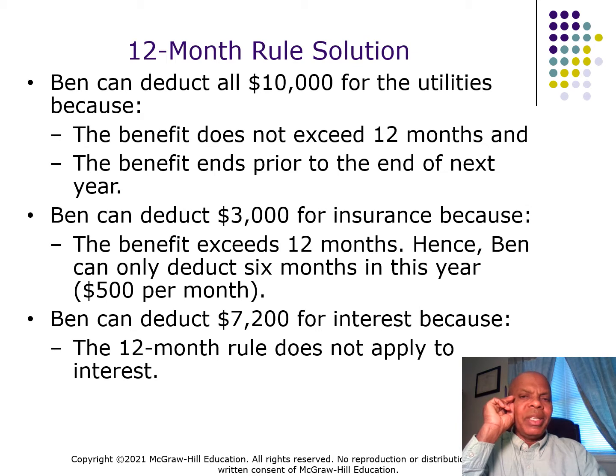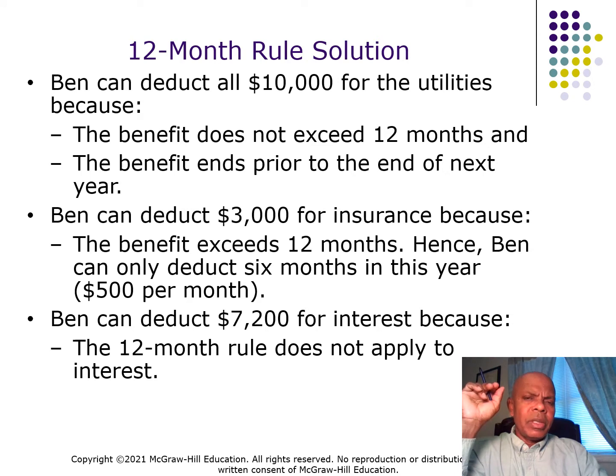Ben can deduct $3,000 for insurance because the benefit exceeds 12 months. Hence, Ben can only deduct 6 months in this year. This is for 24 months, so $500 times 24 months is $12,000.